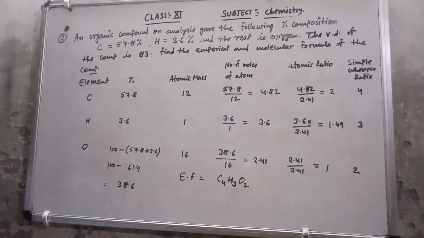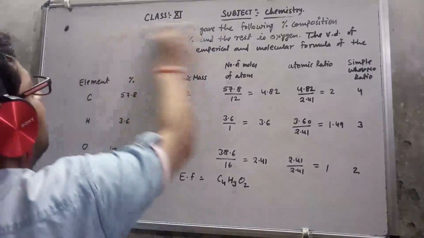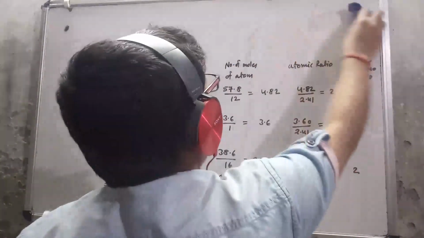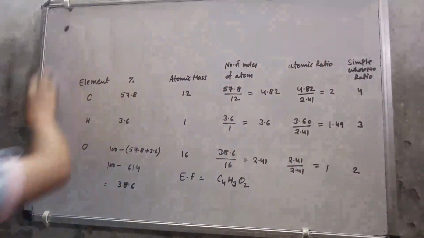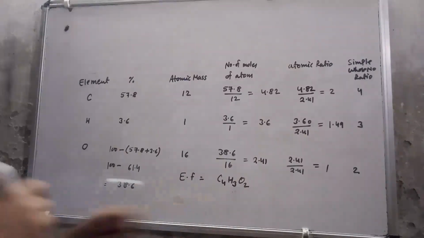First point is clear. Now they are asking about the molecular formula. I have already told you how to find the molecular formula in the previous question. If I want to find the molecular formula, I need the empirical formula mass.